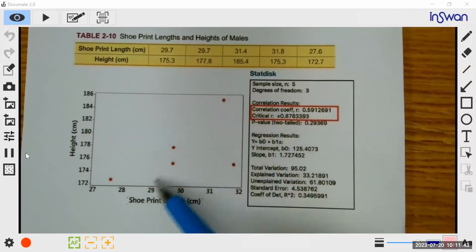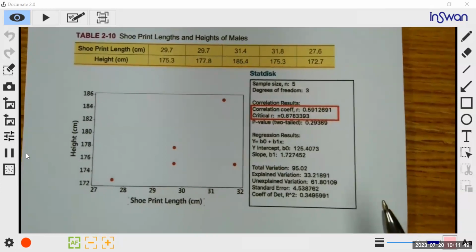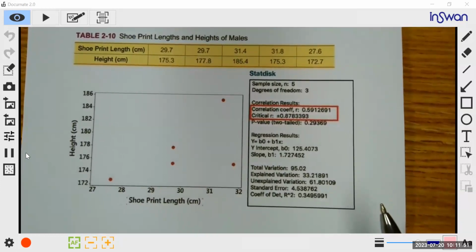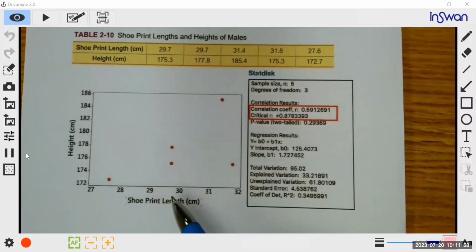So if you were to give this an R value, what would it be? Positive or negative? Positive. Is it close to 0 or close to 1? So you're saying it's larger than 0.5 or less than 0.5?